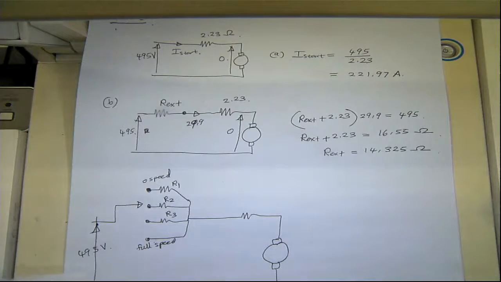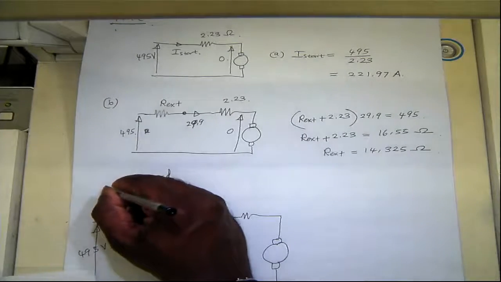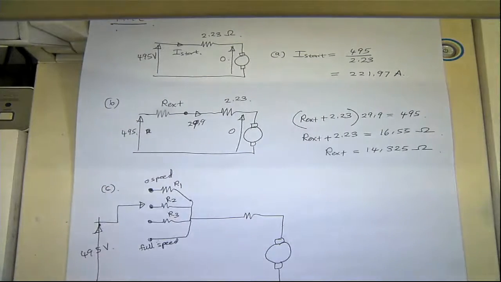So the third part of that question says a 4-step starting resistor changed at 0 RPM, 500 RPM, 1000 RPM, and 1500 RPM is to be used to limit the armature current to its rated value during startup. Calculate the required value of the resistors for this starter circuit.